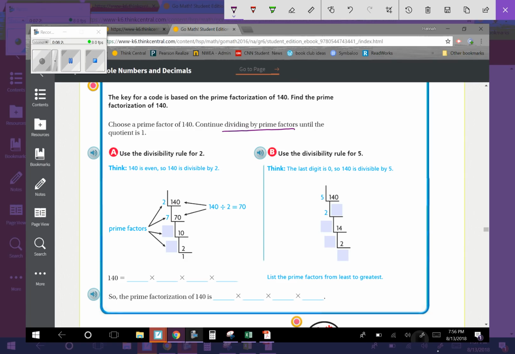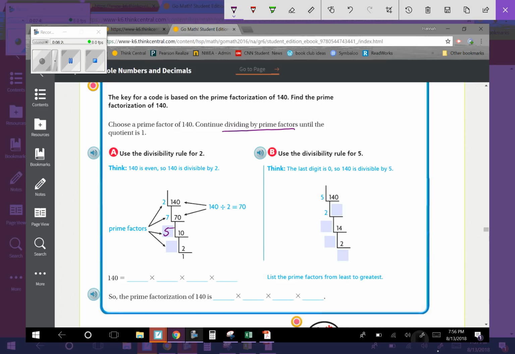That has to be prime. Okay, 70 divided by 7, that's an easy one. 7 is prime, 70 divided by 7 is easy math, which gives me 10. Okay, 10 divided by what prime factor gives me 2? 10 divided by 5 gives me 2.